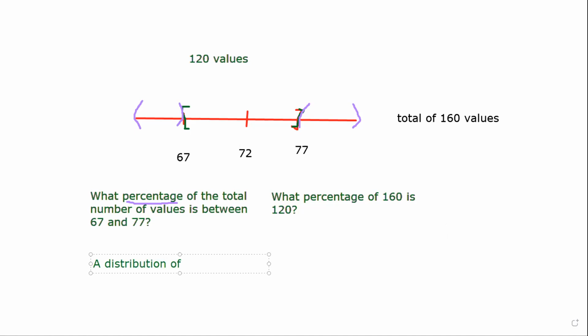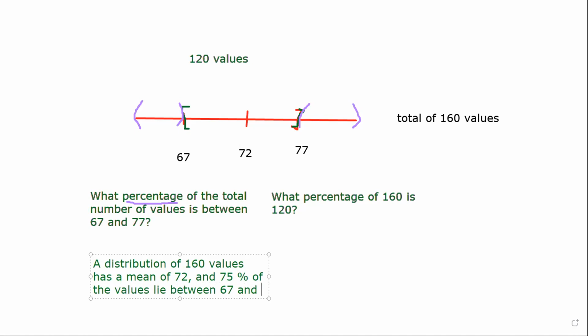A distribution of 160 values has a mean of 72 and 75% of the values lie between 67 and 77. Okay. Now that's another way to state our information. You see where we've gotten from there?